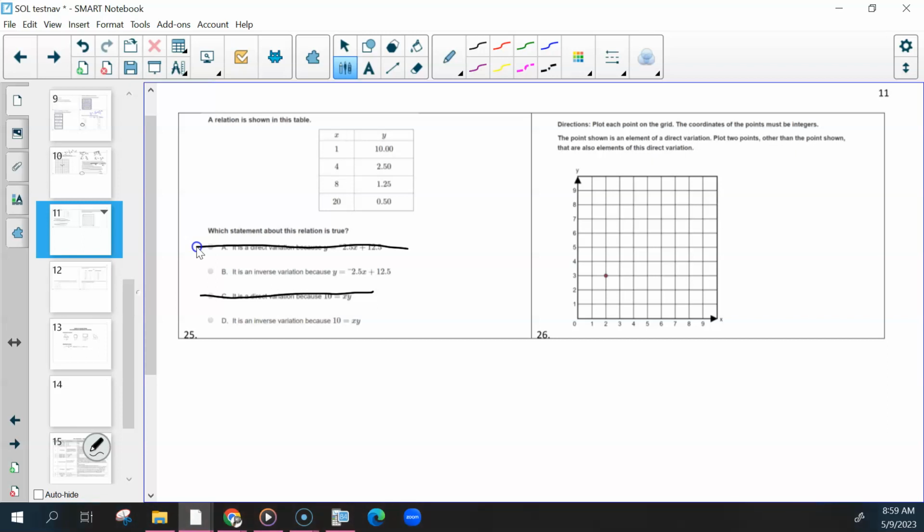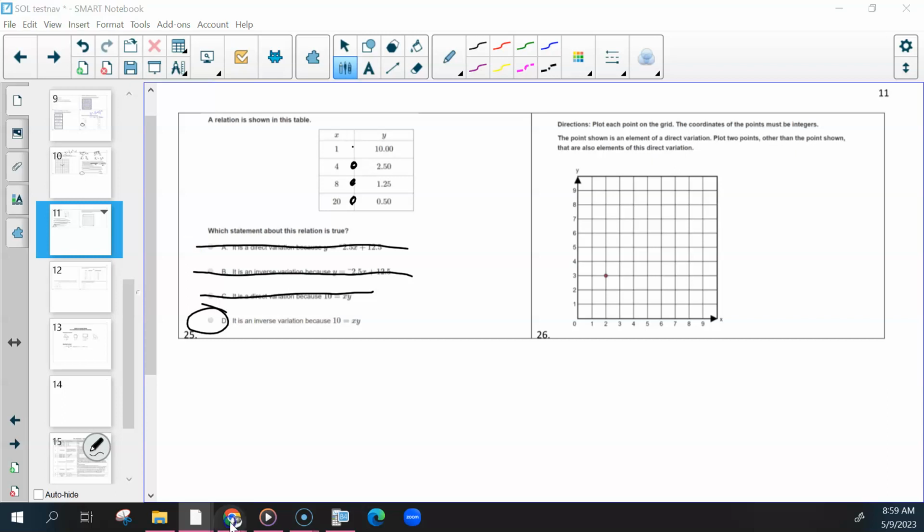Of the rest of them, inverse also doesn't look like this, so it has to be without doing any math. So if you know what the equations look like, you could easily answer it. To do the math, if you think it's an inverse, multiply them, see if you get the same thing. You should. If you think it's direct, you would be dividing.